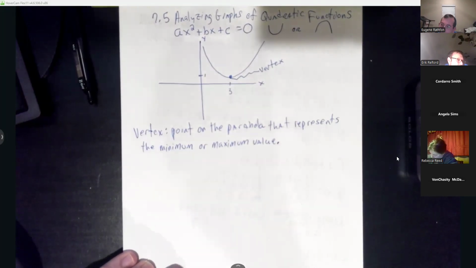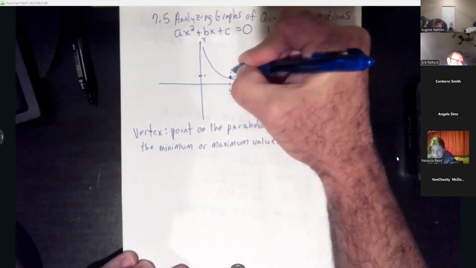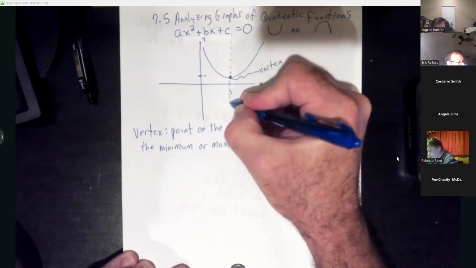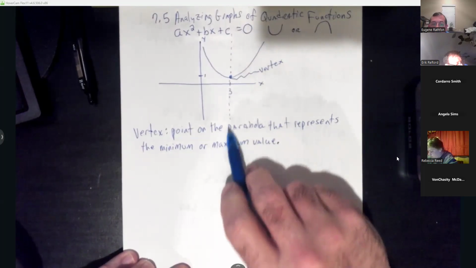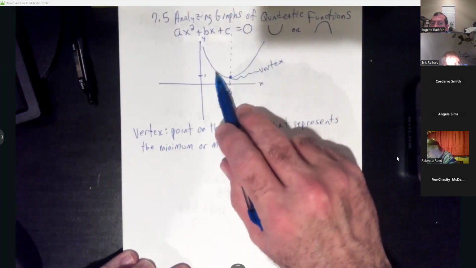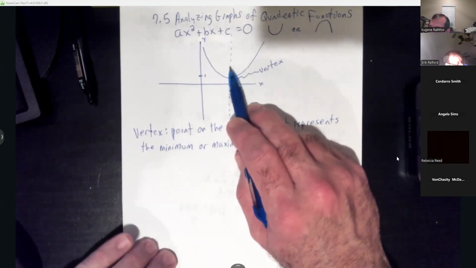Now, there's things about this parabola. Notice, if I draw an imaginary line that cuts my parabola in half, this is what we call a line of symmetry.